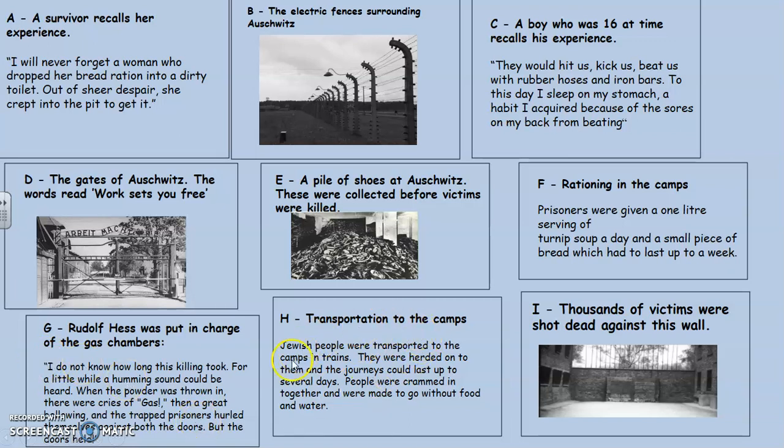Some information here about the transportation to the camps, and also an image of a wall where thousands of victims were shot towards the end of the war, as the speed of killing became quicker. What I'd like you to do is to choose 3 of these cards and to explain why you have chosen them.